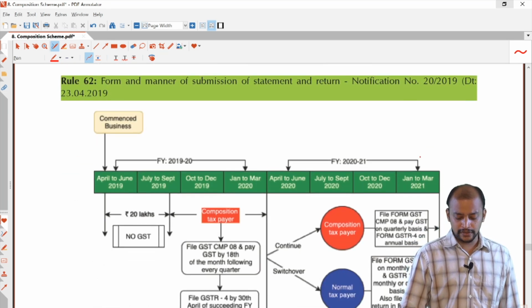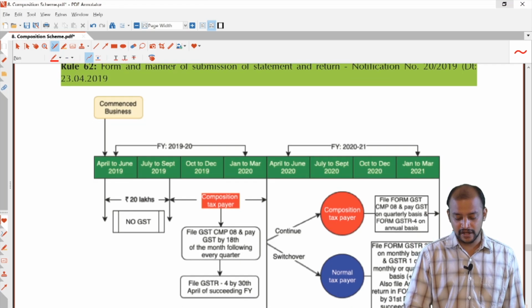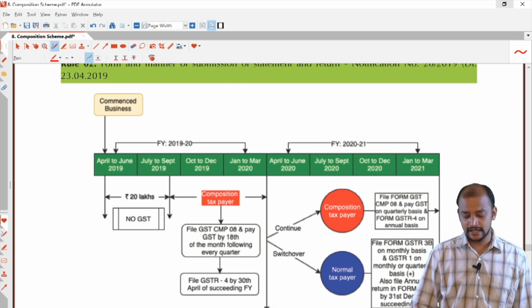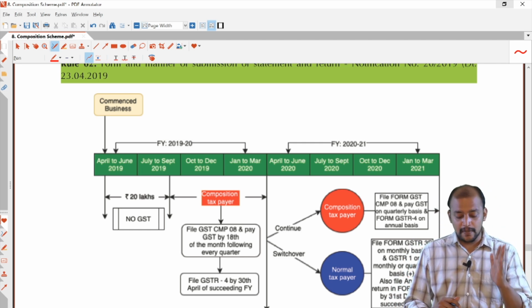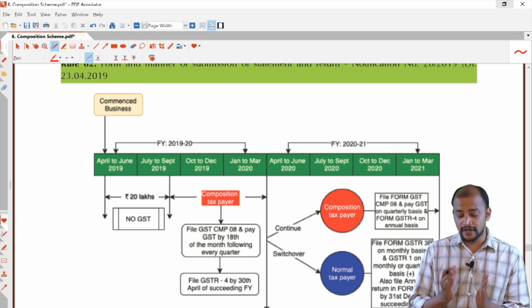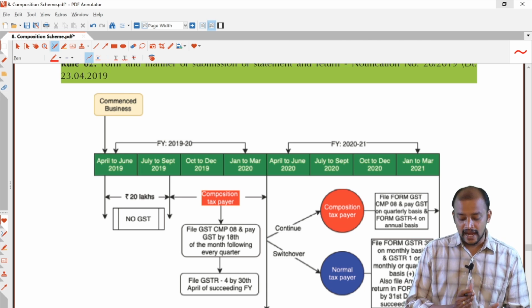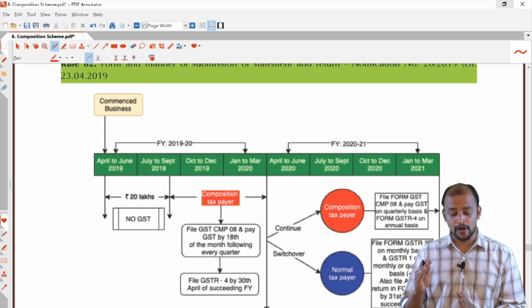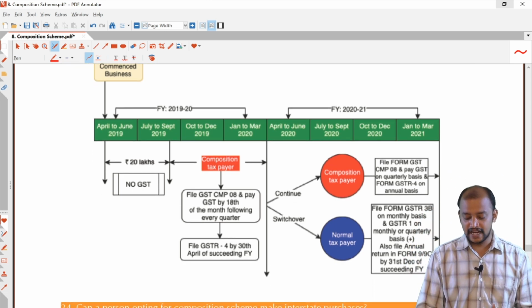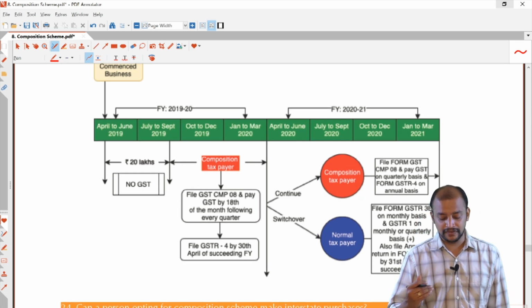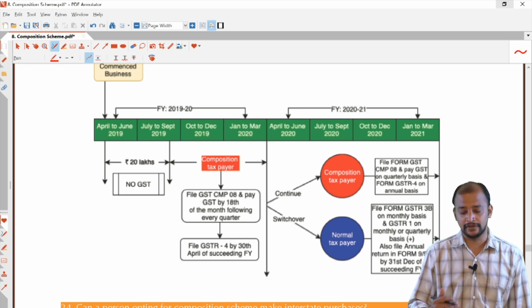Now, look into that form and manner of submission of statement and return. Say during financial year 1920, a person commences the business, and up to 20 lakhs there is no GST, and after that he will be called a composite taxpayer, and he will be filing CMP08 and paying GST by 18th of the month following every quarter, and the annual return.